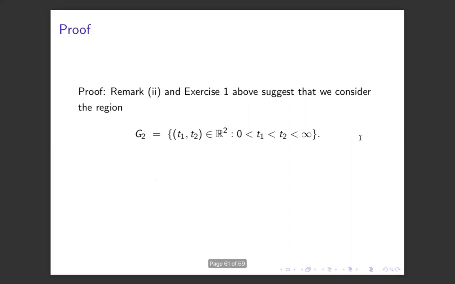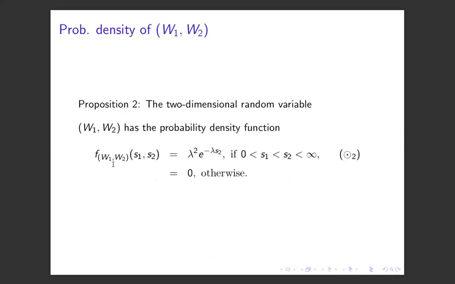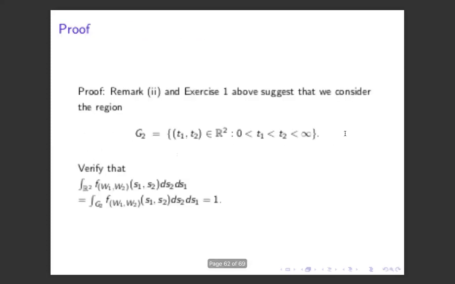So this is our candidate expression for the density function. First, as an exercise for you, verify that this holds. Note it down if you want. The integral over R2, I am denoting the two-dimensional integral, that is ds2, ds1.